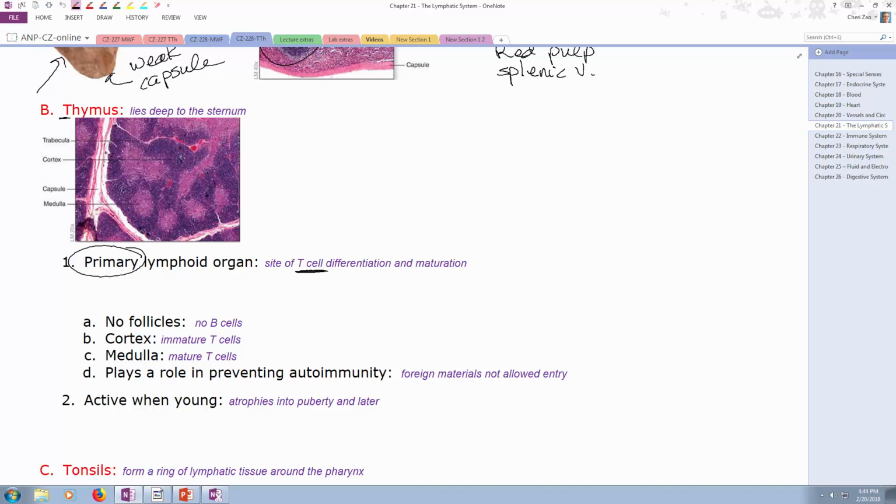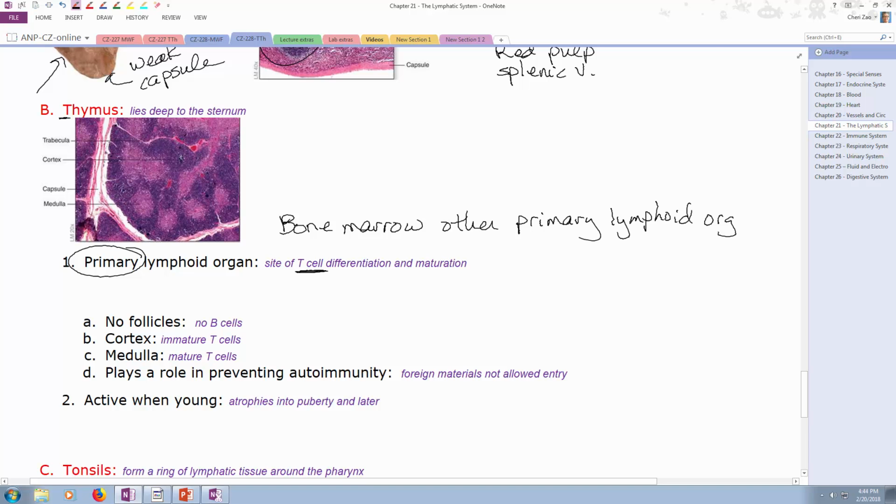So we'll add that to our notes. Bone marrow, other, because there's only two primary lymphoid organs. And we get B cells from here. And remember, these are always referring to lymphocytes. It's just easier to say B cell and T cell than say B lymphocyte, T lymphocyte.